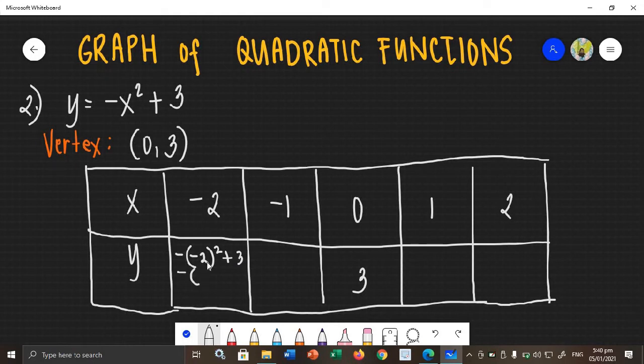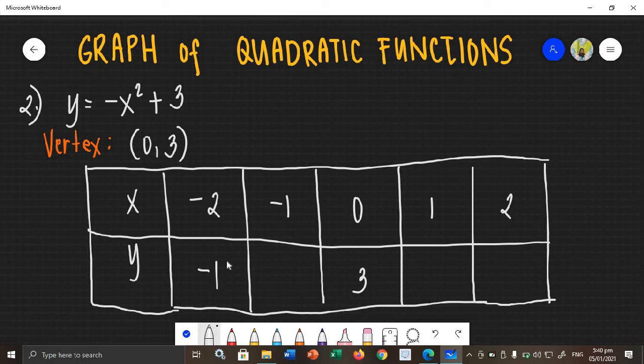And then negative 2 squared, that is equal to 4 plus 3. Negative 4 plus 3, that is equal to negative 1. So, yun yung value ng unang y coordinate ninyo, negative 1.